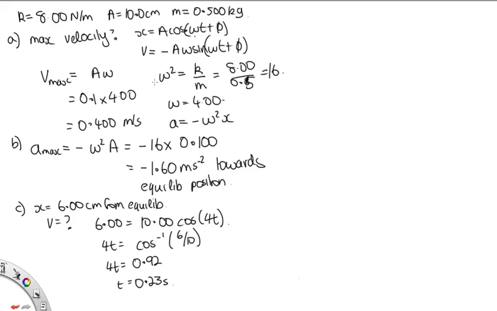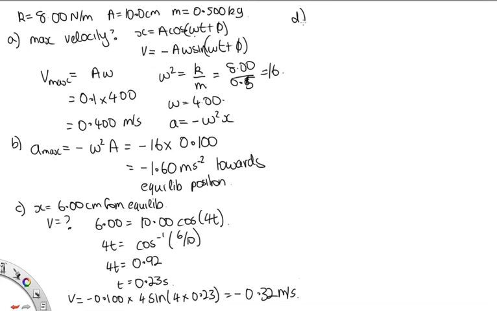And then we can just substitute this into the velocity equation. So the velocity is equal to minus A omega, so minus 0.100 times omega, which is 4, sine of omega t, which is 4 times 0.23, the time. Solving that, we end up with minus 0.32 meters per second.